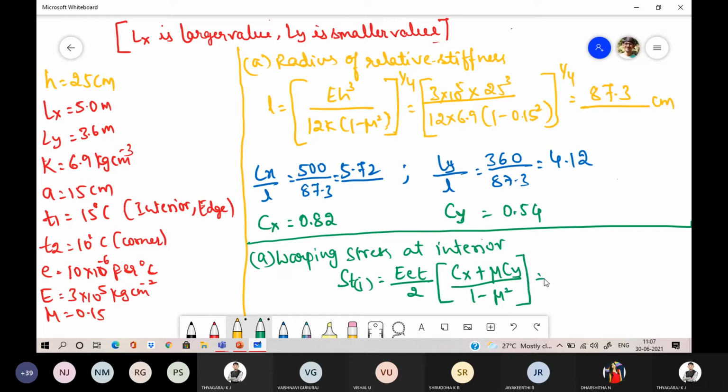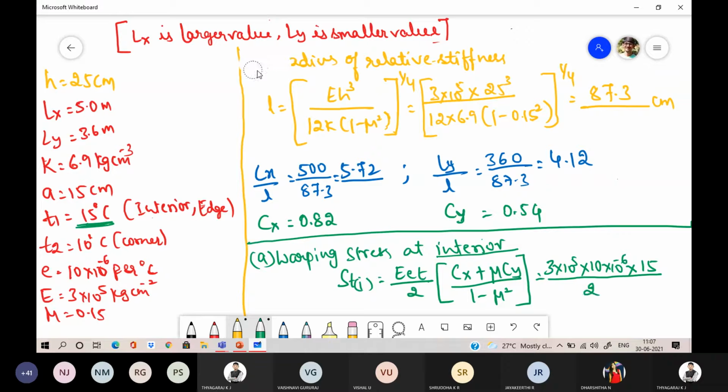Is the formula correct or not? Yes, sir, correct. Now input all the values. 3 into 10 power 5, small e, 10 into 10 power minus 6, into the temperature differential. For interior, what is the temperature differential? 15 degrees, sir. 15 degrees, divided by 1 minus mu squared. So calculate this value.